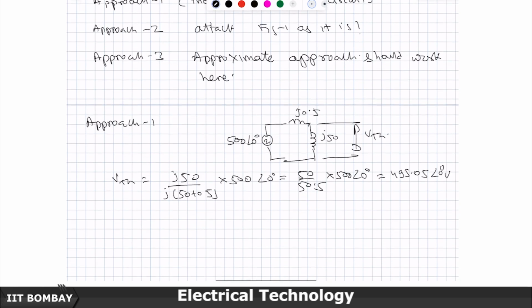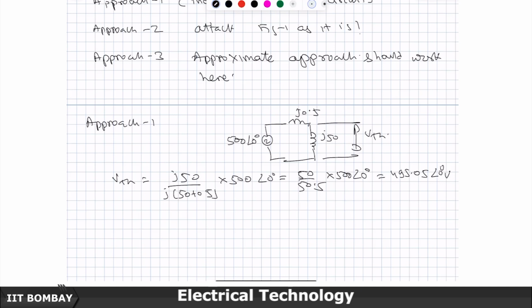So, V Thevenin, as I had expected looking at the numbers, is close by, only 5 volts difference. 5 volts over 500 volts is 5 over 500 into 100, which is 1%. If I use the approximate circuit and just take V Thevenin as 500 volts, the approximation will give me a voltage error of only 1%. Okay.